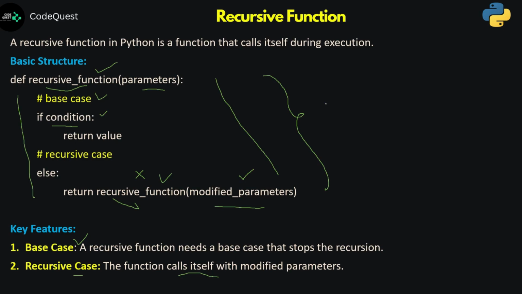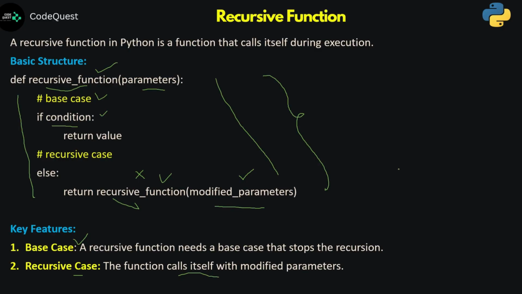So each time we define a recursive function, we have to look after two things. One is a condition for which the recursive call will not happen. And the second one is you call it recursively by passing some modified parameter.